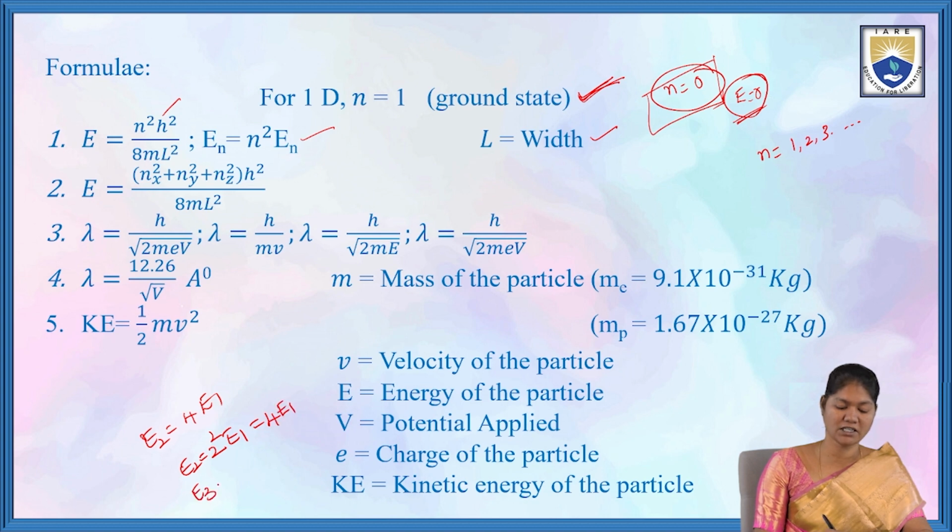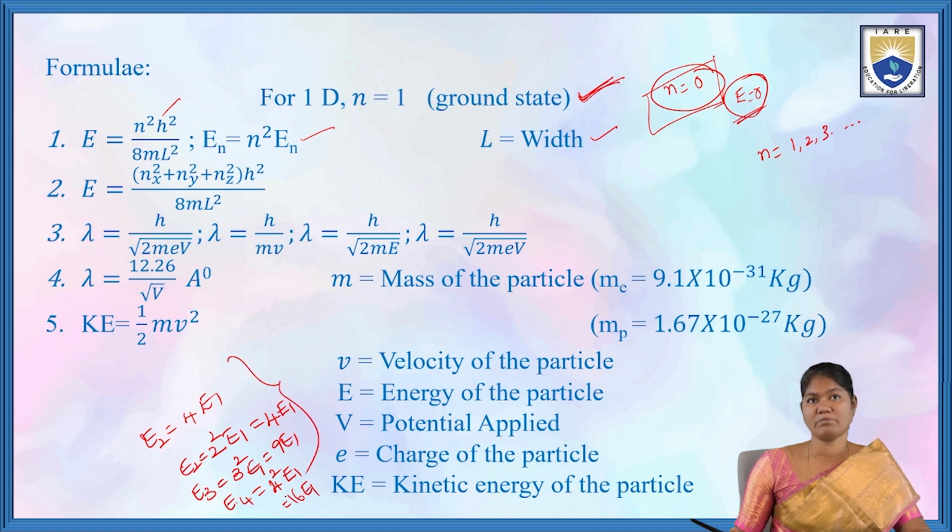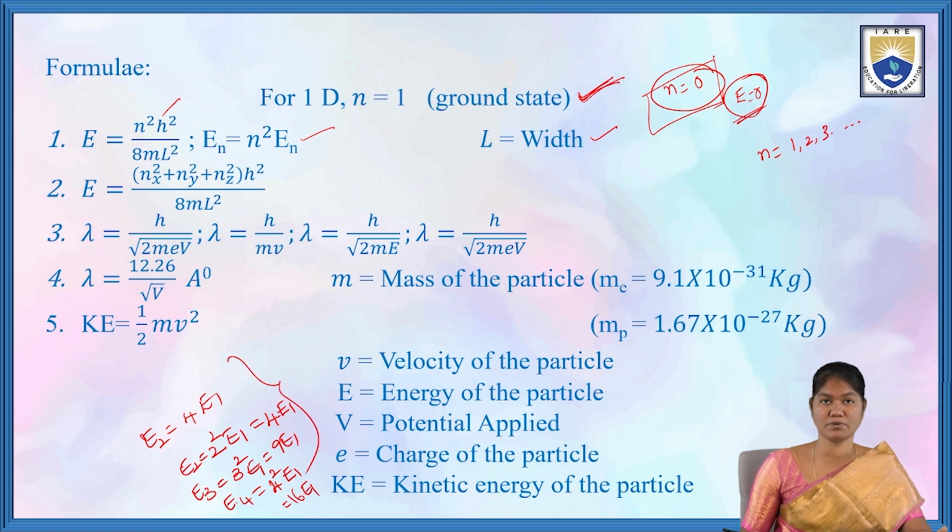Like that, E3 equals 3 square E1, so 9 E1. And E4 equals 4 square E1, that is 16 E1. So the energies will be separated, increasing with the energy states.